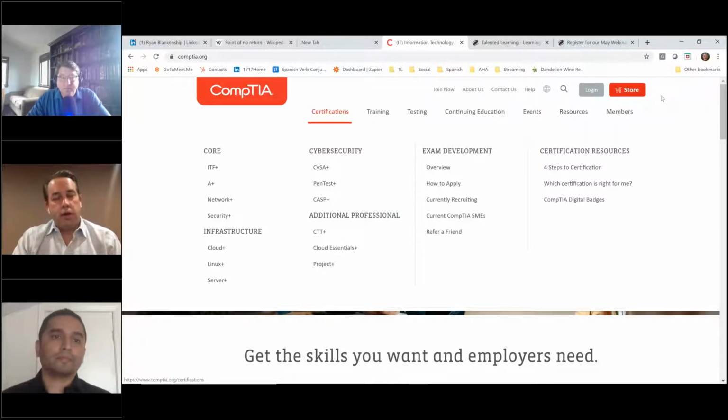But second only to Microsoft in terms of certified alumni. We have about 2.6 million alumni. We deliver over 300,000 exams typically in a given year. So lots of growth there. The big areas we specialize in are entry-level IT, core IT support, cybersecurity, and data and infrastructure, so things like cloud, server, et cetera.